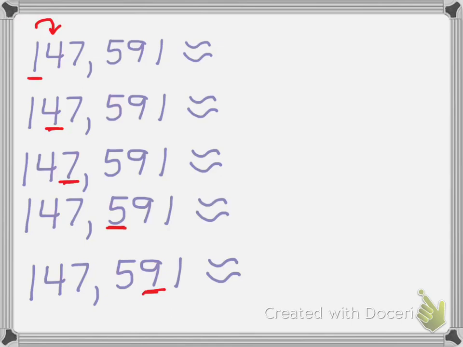Well, it's a 4, which means that my 100,000 is going to stay the same. We're going to keep it down low. So we're going to keep it at a 1, and the rest of the digits become zeros. So 147,591 is about 100,000.